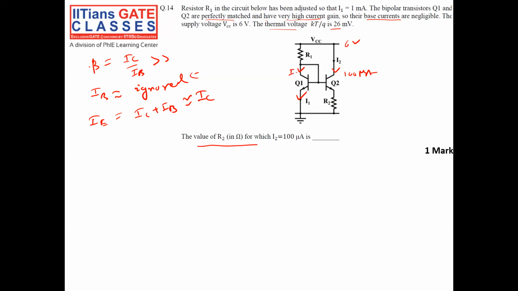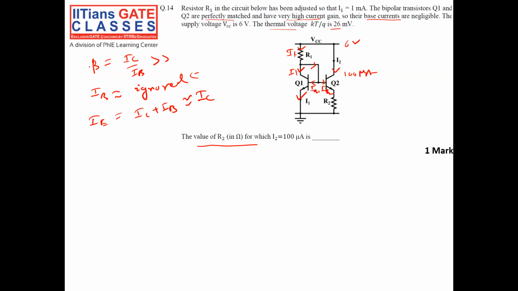will be I1, and the same current will flow through my R1, because the current through R1 will be I1 plus 2 times the base current, right? This is one base current, this is another base current, IB1 and IB2.